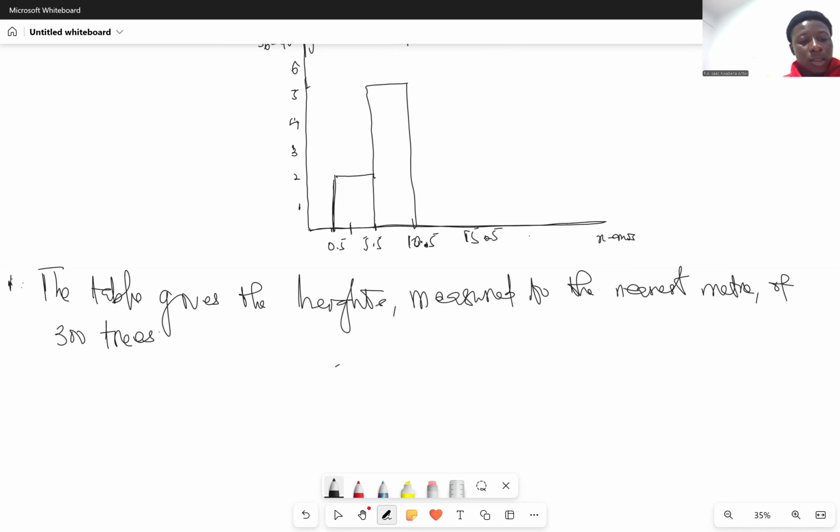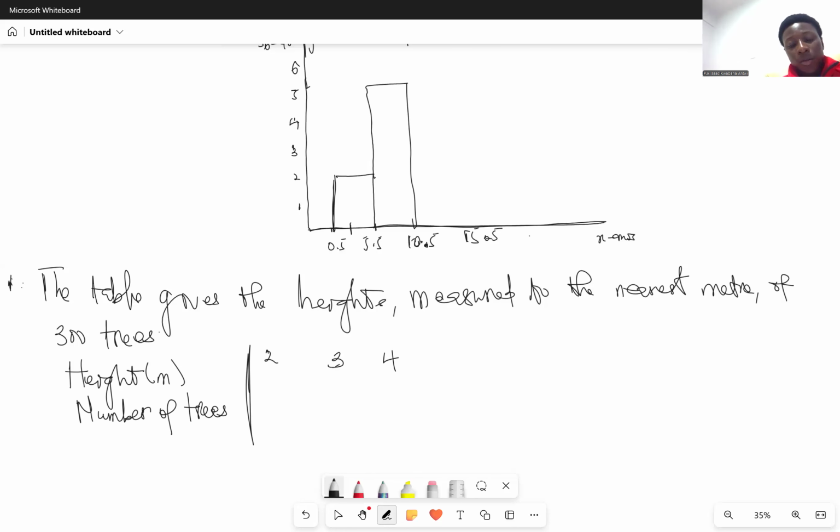So we have height in meters, then we have number of trees, 300 trees. I told you it's important to understand the question. So we have 4, 5, 6, 7, 8, and 9. Then we have 14.